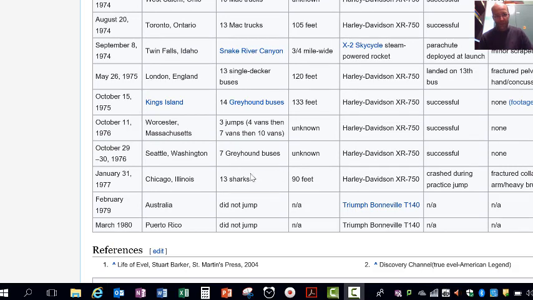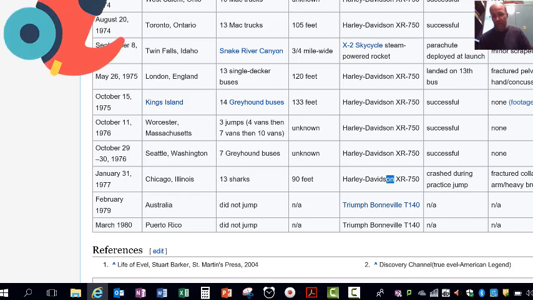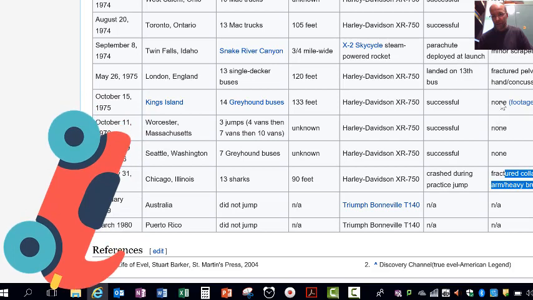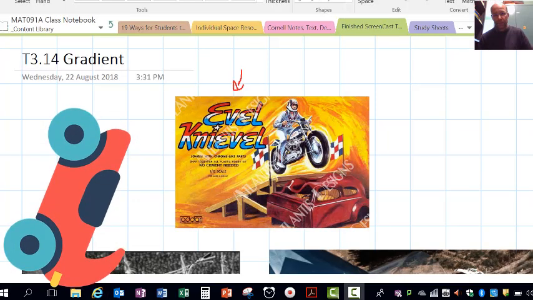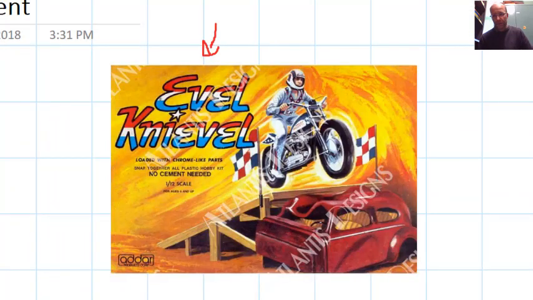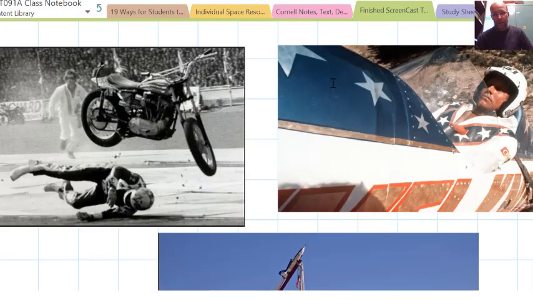Probably my favourite one is this one here from 1977. He jumped 13 sharks on a Harley Davidson, and he crashed during the practice jump and injured himself. Interesting. What does this have to do with maths? Well, we're looking at gradient, and we can see gradient when we look at Evel Knievel's crazy work.